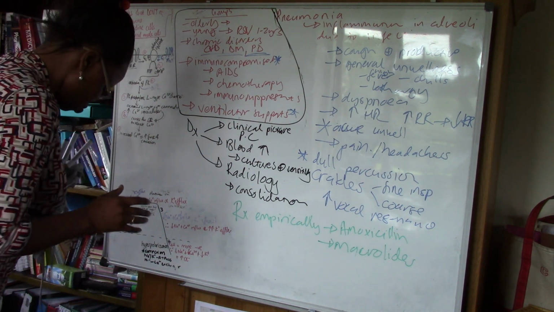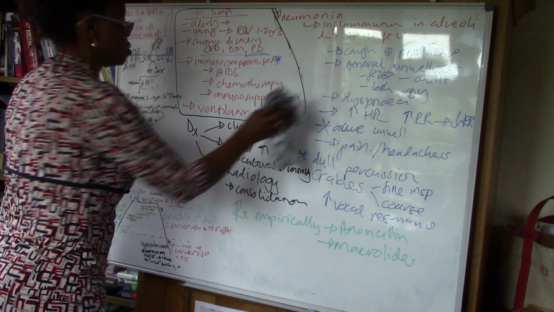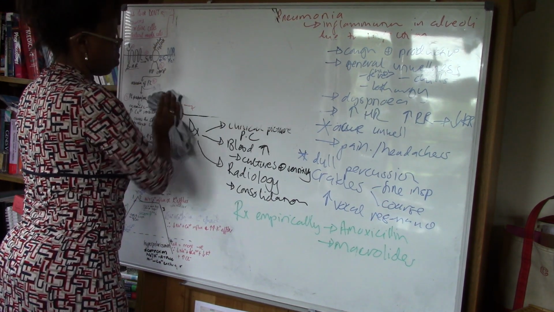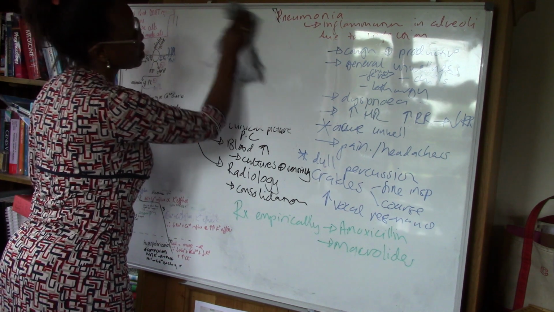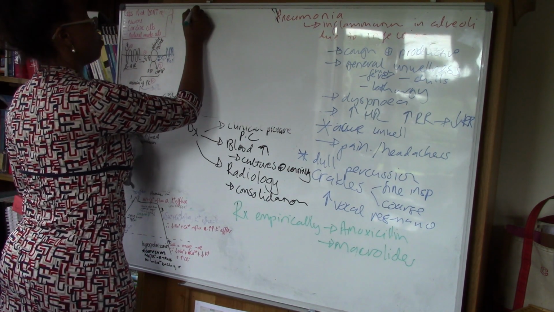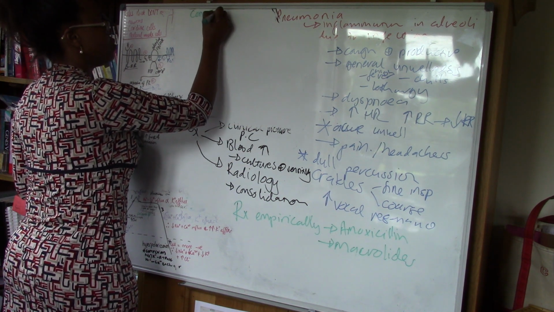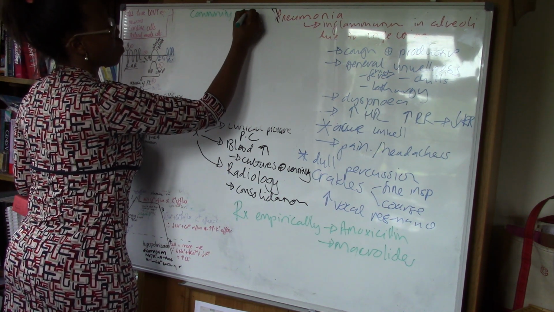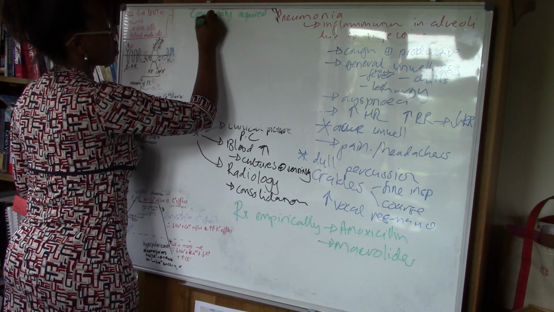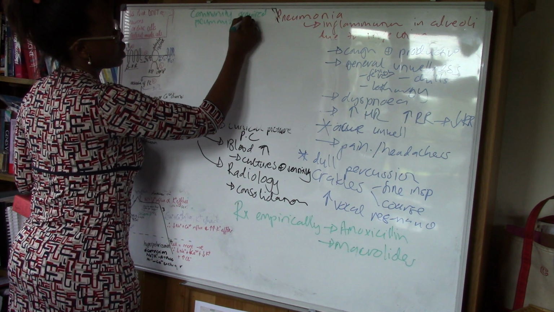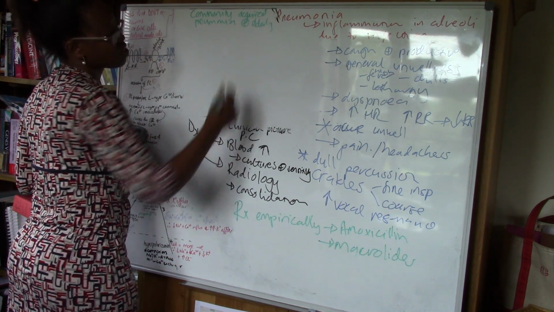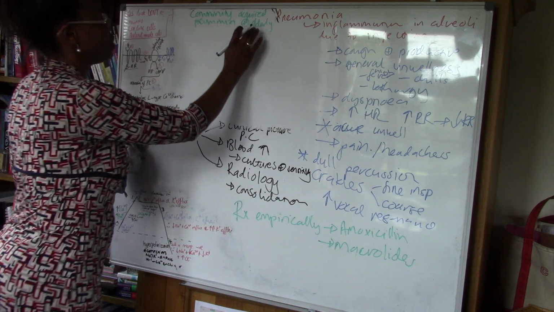Another thing to bear in mind with pneumonia is that if it's an elderly patient, particularly with community acquired pneumonia, most especially in the elderly, because really they are the people who get a lot of pneumonia.